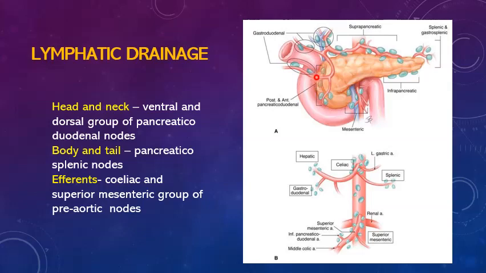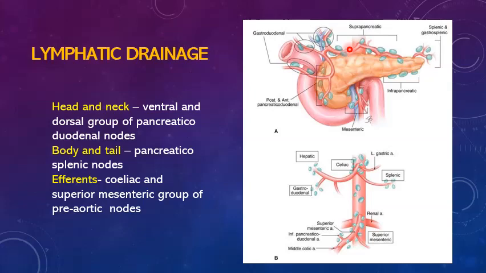So from the head and neck the lymphatics drain into these ventral and dorsal pancreaticoduodenal groups. Then from the body and the tail they drain into pancreaticosplenic nodes, this one. So from the body and the tail the lymphatics drain into the pancreaticosplenic nodes.